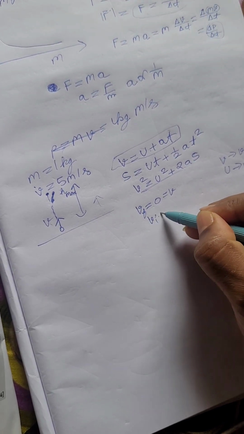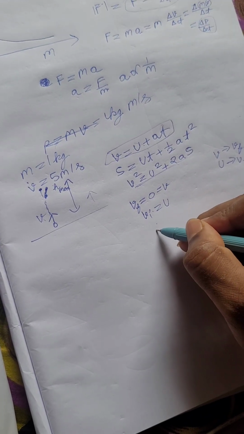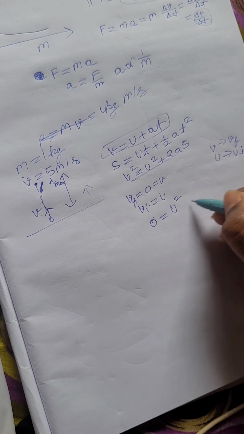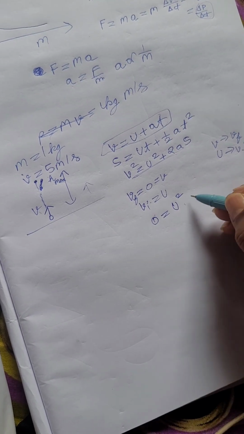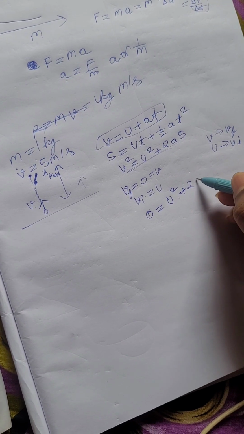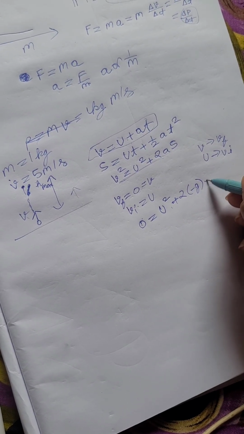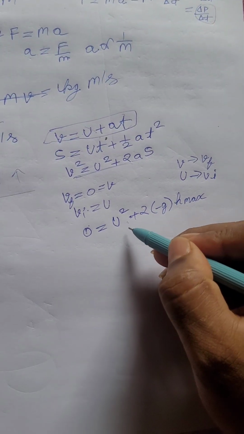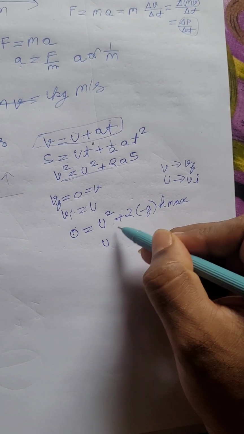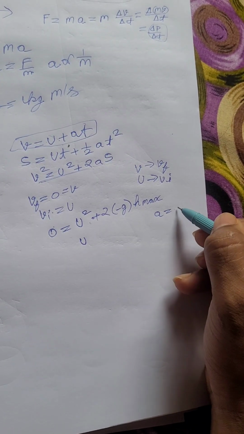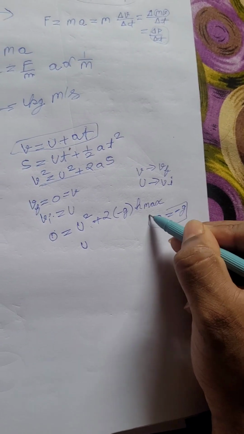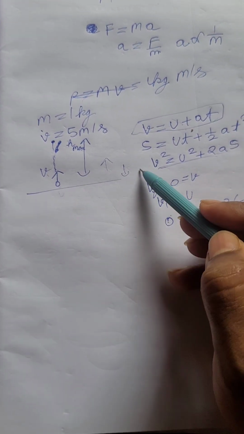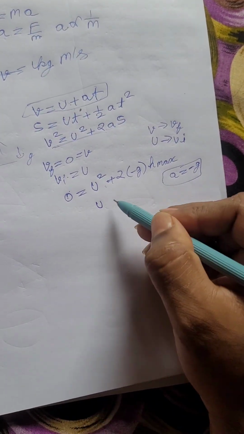So velocity initial is u, so u square equals, here the acceleration is g, but we will take negative g because we have taken the direction upwards, but gravity is being applied downwards.